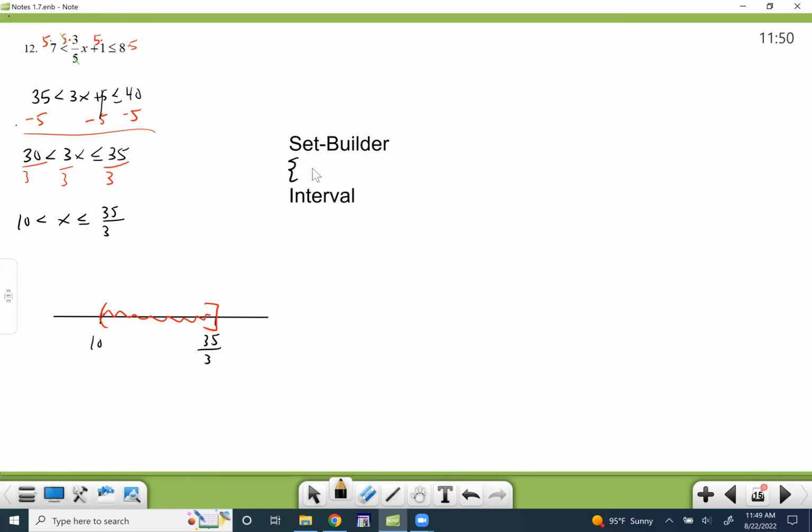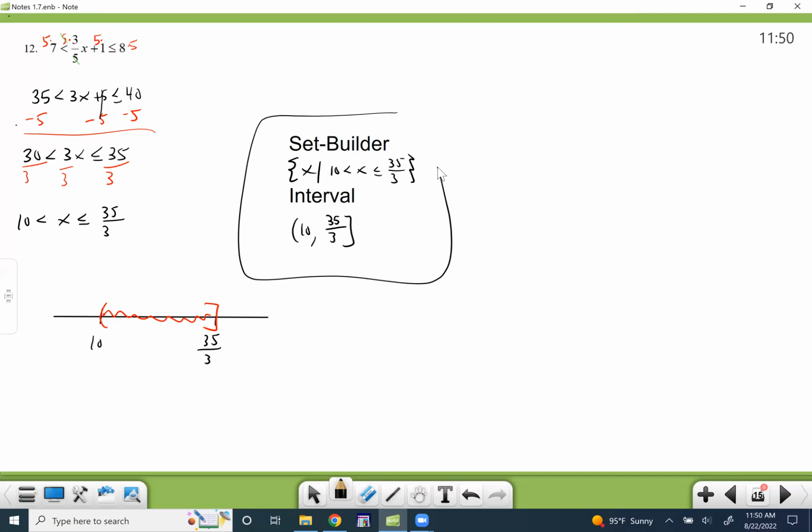So set builder, squiggly bracket, all x, such that 10 is less than x is less than or equal to 35 thirds. And then interval, parentheses on the 10, and square bracket on the 35 thirds.